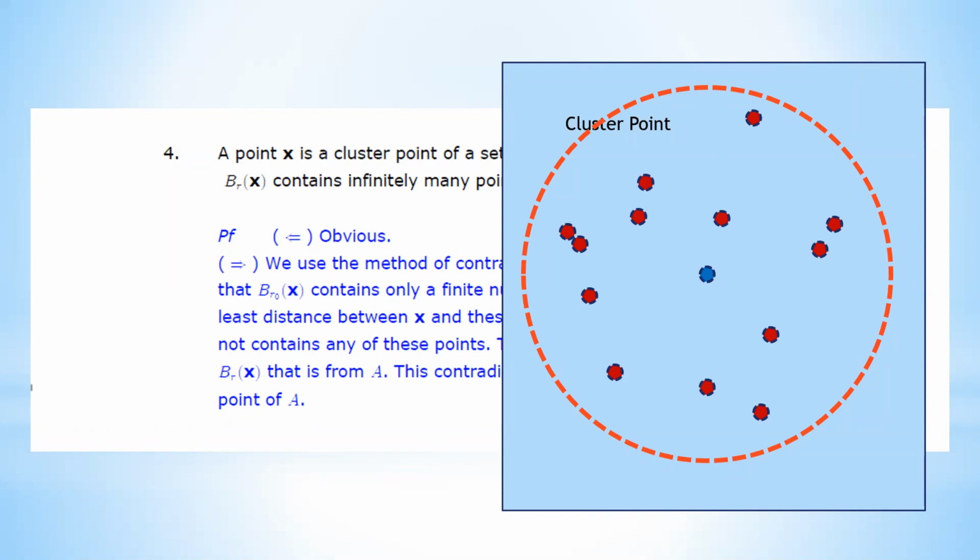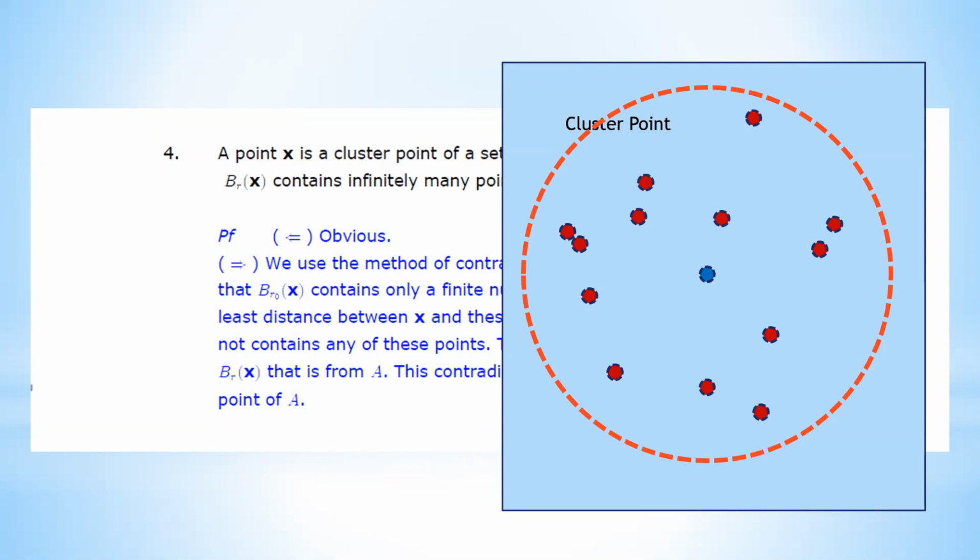Now, since there's only a finite number of points, you can look at the distance from the center. There must be a minimum distance, the shortest distance, right? Now, if you have an infinite number of points, then these points may accumulate, approaching the center, so you cannot find the smallest distance.